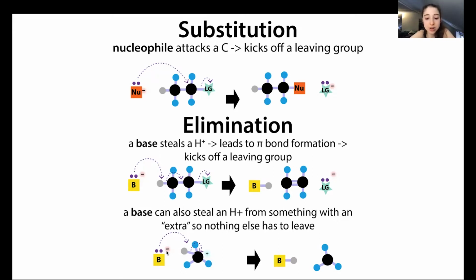If it has extra, you can take it and nothing else has to leave. But if you do this to something that can't spare it easily, then you can get rearrangements where you get an elimination, where a double bond forms because they're trying to spread out the charge that you get from losing that proton that they don't want. And so you get an elimination reaction.